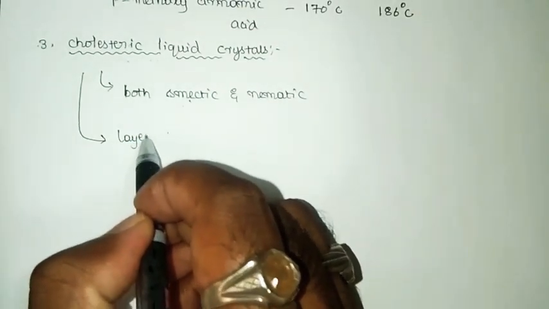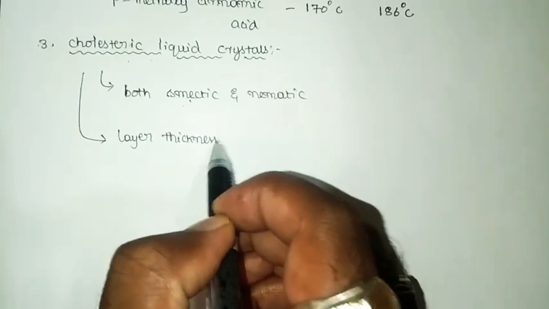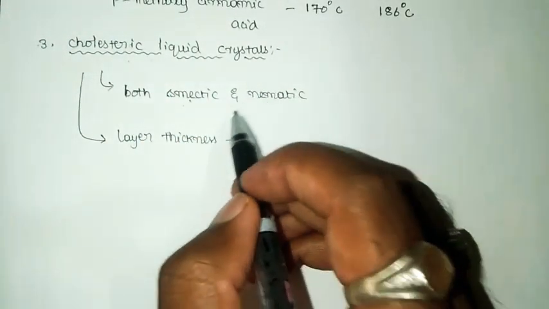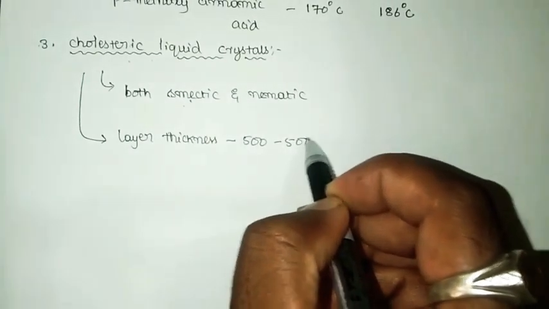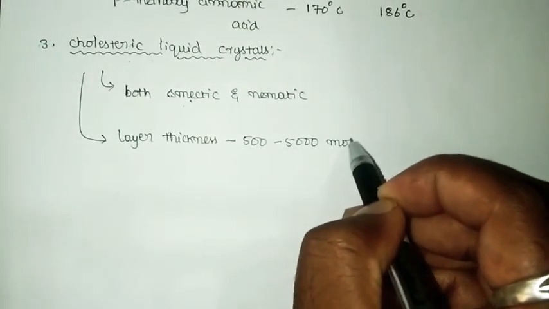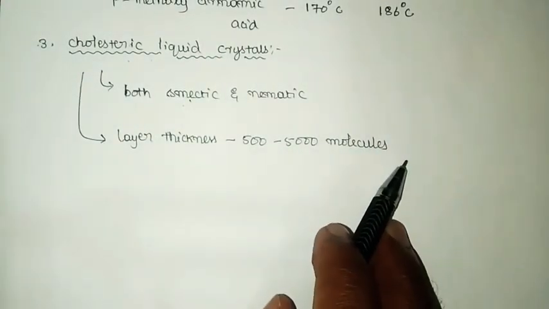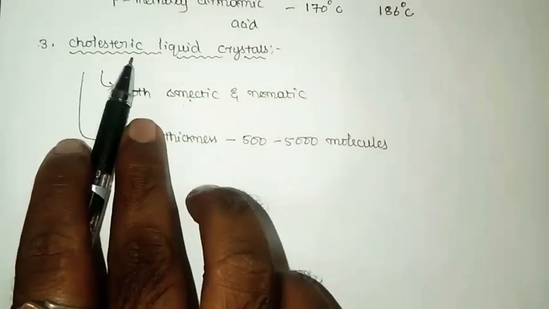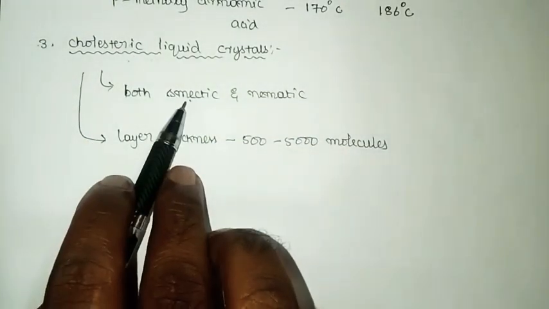That is, the layer thickness of the molecules in cholesteric liquid crystals will be around 500 to 5000 molecules per layer. This is the range of thickness in cholesteric liquid crystals, which is much higher compared to that of smectic liquid crystals.